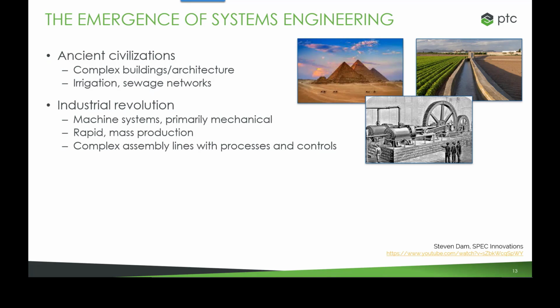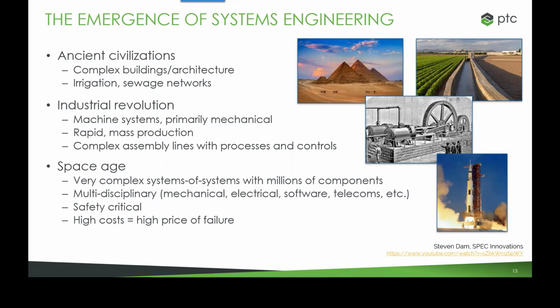They were primarily mechanical. They led to rapid mass production. But they were complex assembly lines with processes that could be described and then controls so we could measure. So we start to get into some of the traits that are essential for systems nowadays.